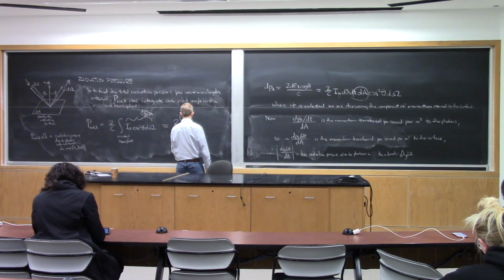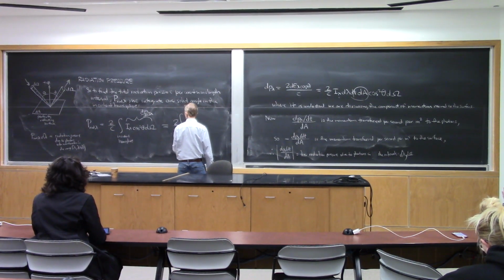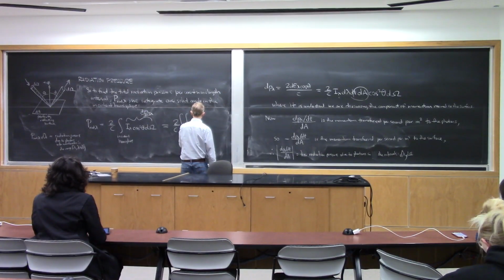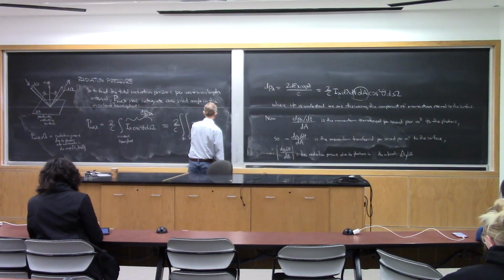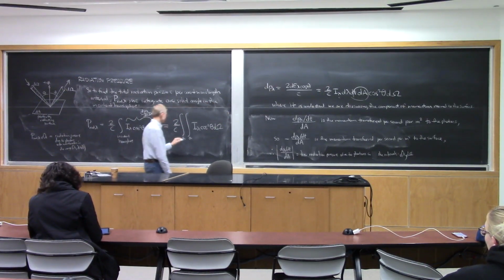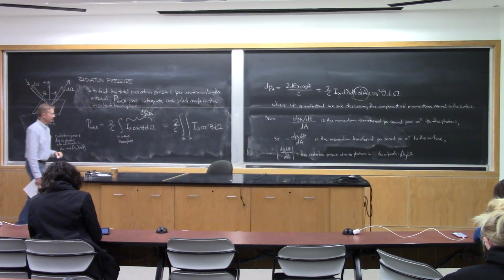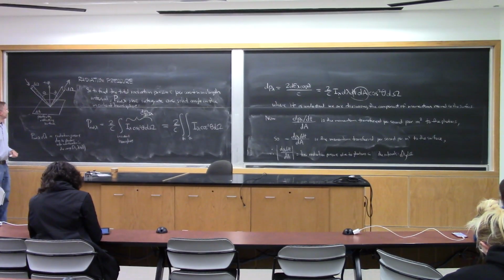So the incident hemisphere is going to be theta equals what to what, phi equals what to what, of I lambda cosine squared theta d omega. So if we're only looking at the incident hemisphere, what range of phi values is that?